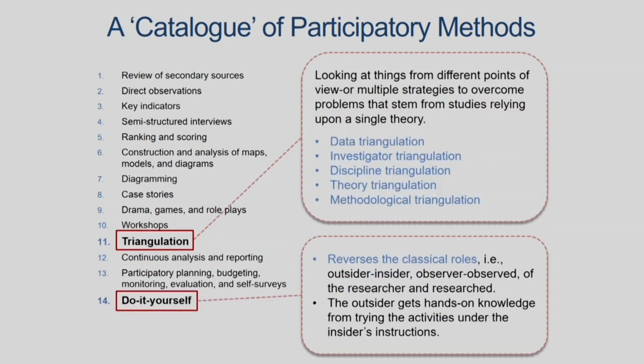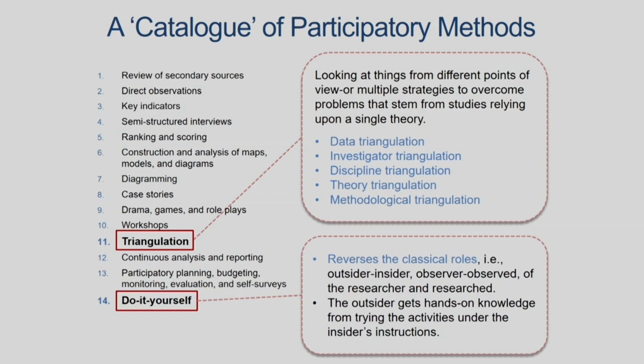Triangulation can be of various kinds. There can be data triangulation, investigator triangulation, discipline triangulation, theory triangulation or methodological triangulation. I will just give an example of data triangulation. Data triangulation can be divided into time triangulation, space triangulation and person triangulation.